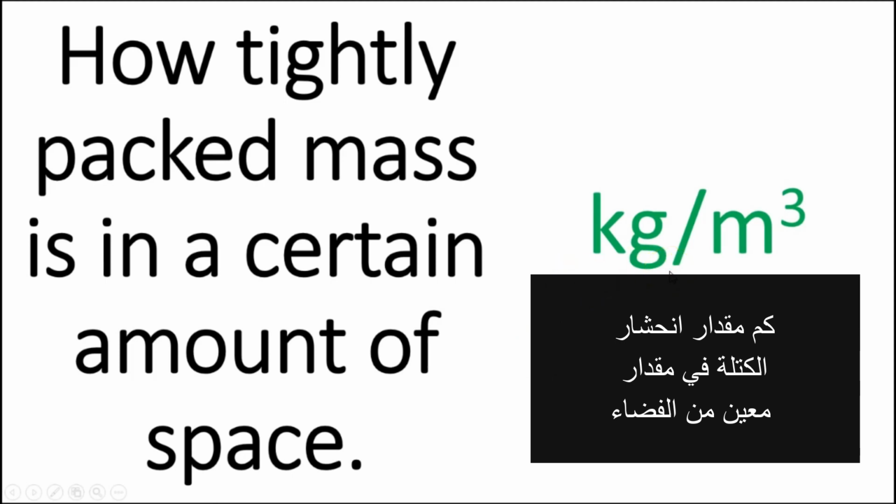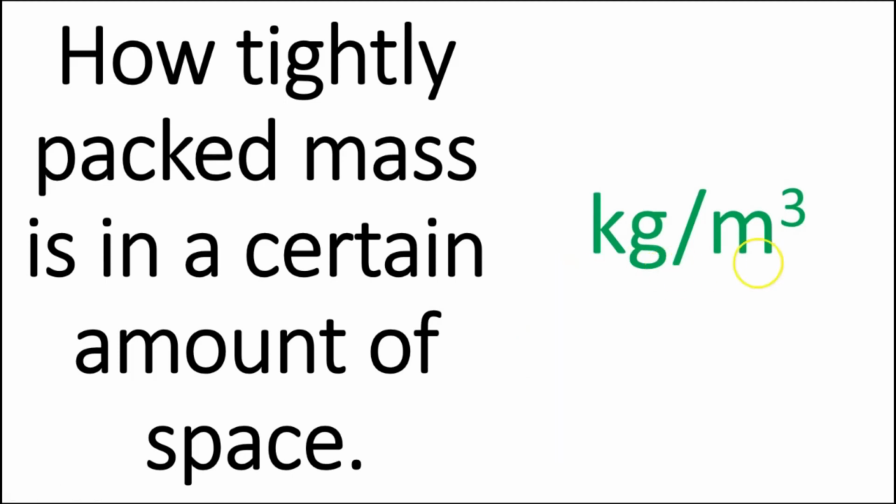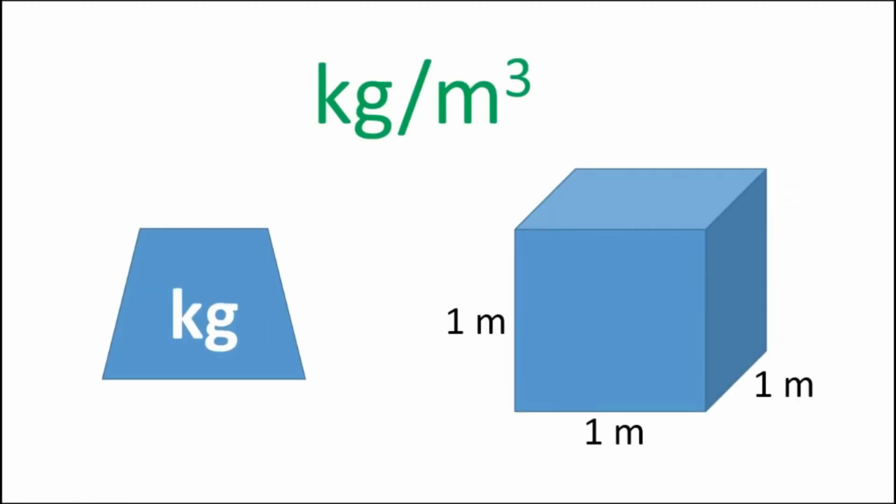Kilograms are a measure of mass, and meters cubed is a measure of volume. So to measure density, you're measuring how much mass is packed into a certain amount of space. How many kilograms are packed into 1 cubic meter.